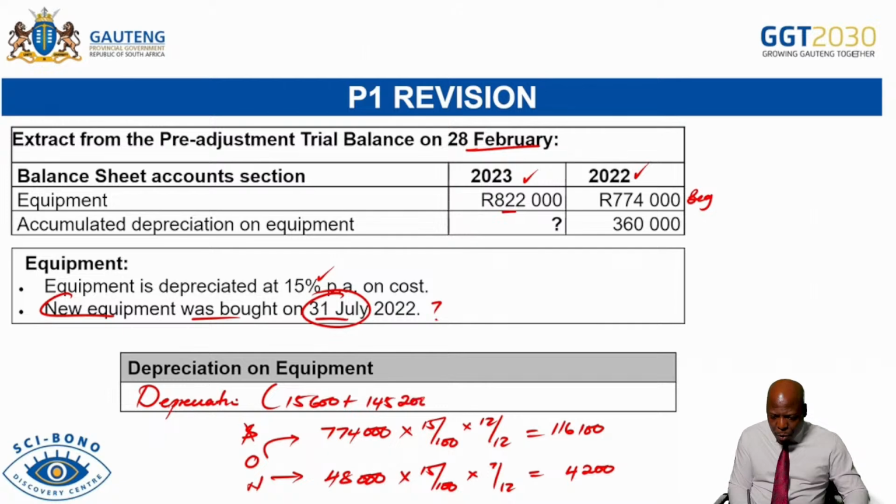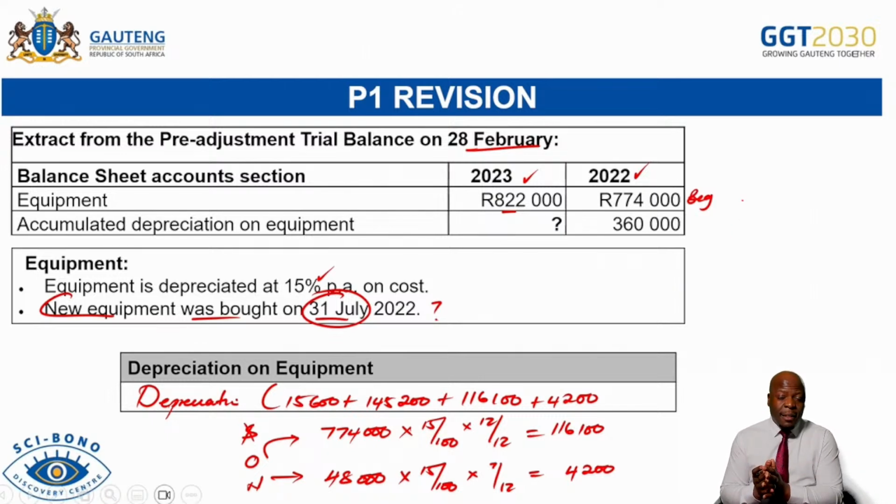And then I'm going to come now and add the 116,100 as well as the 4,200. Okay, so this is how I would record my depreciation. Remember, this is an expense which must be shown in the statement of comprehensive income.